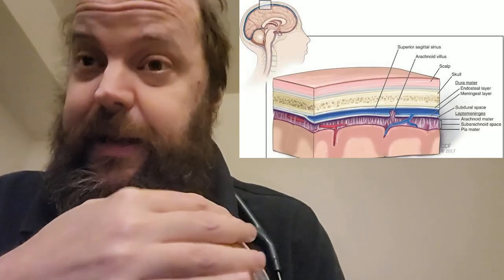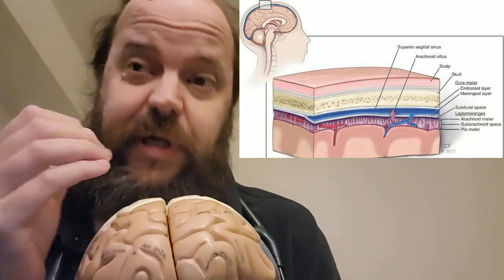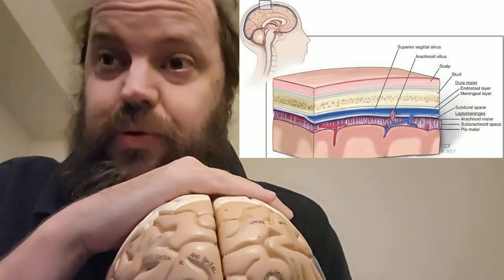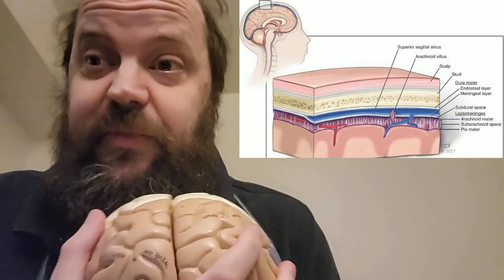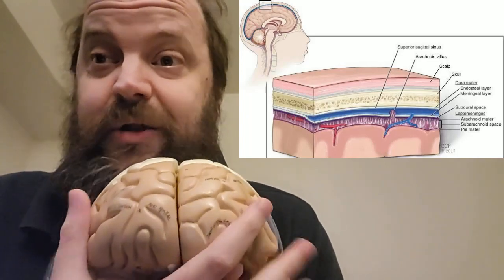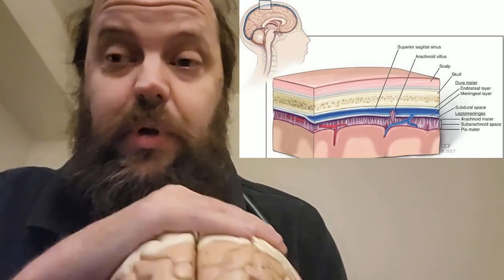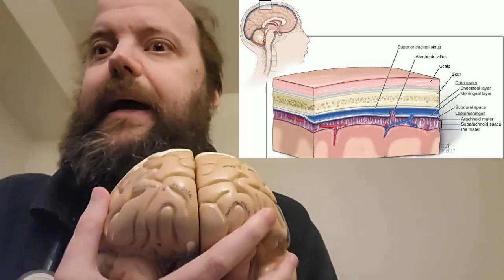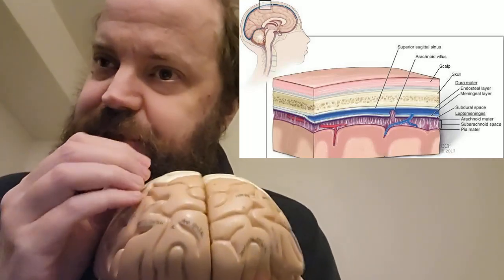These 2 lower layers. Certain organisms that invade cause them to become inflamed as a reaction of the body to their attack, to their infection, and they cause the distinct symptoms.